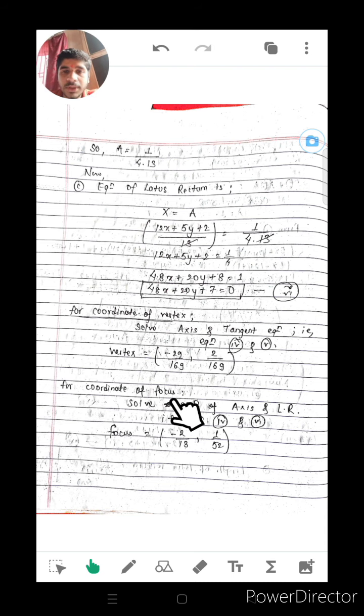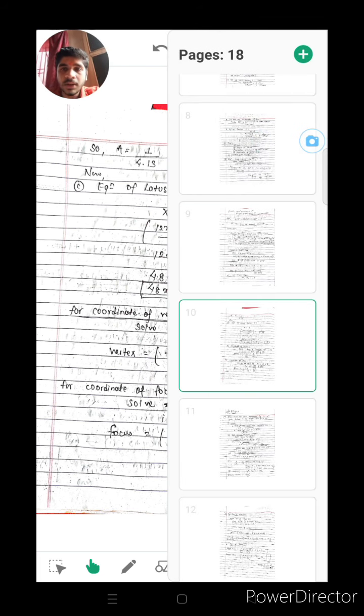And for the coordinates of the focus we'll solve the equation of the axis and the equation of the latus rectum. The equation of the axis is on the previous page, and by solving these two equations in the calculator we'll get the point minus 2 by 13 comma 1 by 52, which is the coordinate of the focus. So let's move forward.